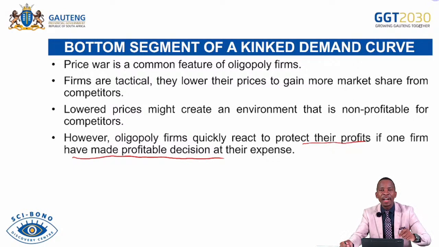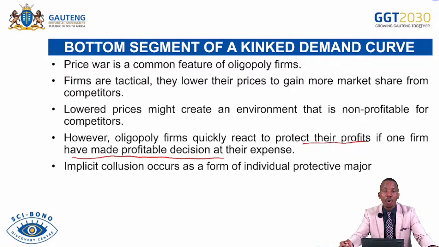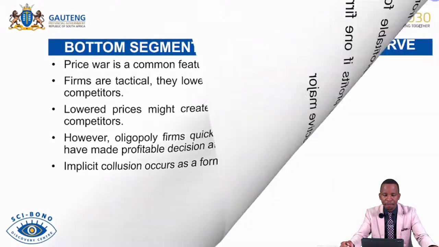Then whatever expected profit will be lost immediately by the firm that lowered its price as a means of making a profitable decision. Implicit collusion occurs as a form of individual protective measure. So in this case, the implicit collusion occurs because the firm is trying to protect itself from losing its consumers.